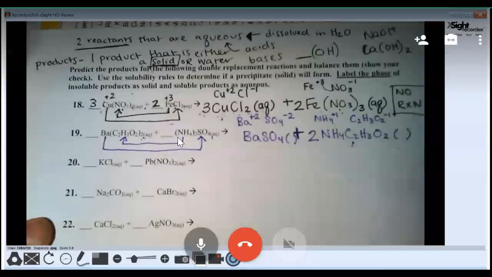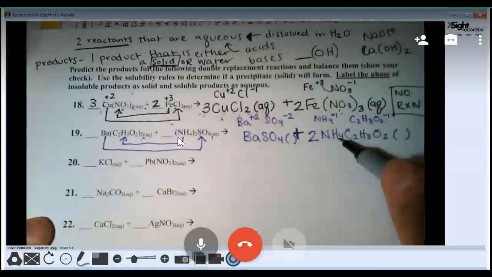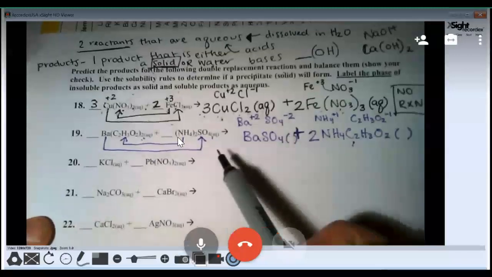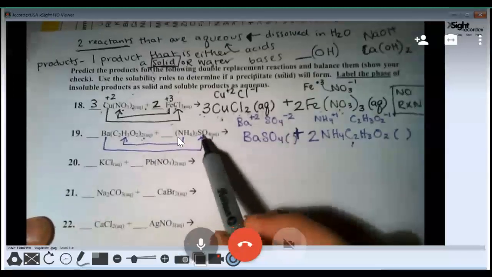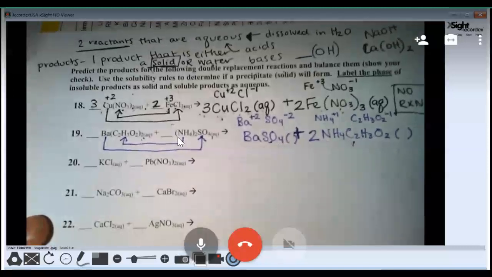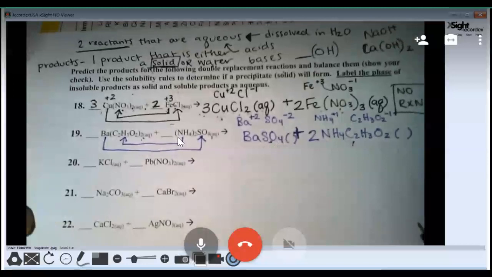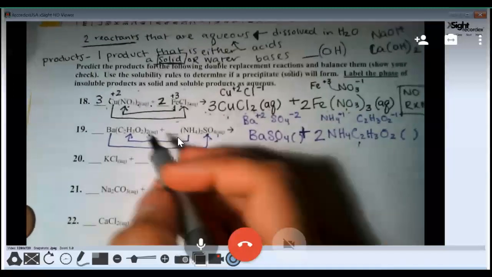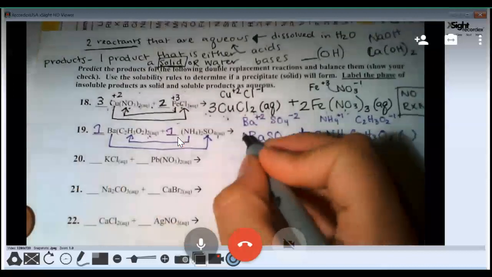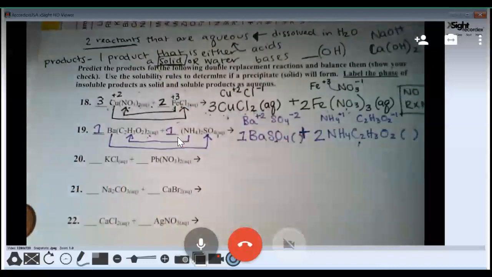Yeah, it's a complicated name. Thought I'd help you out. Okay, so now we have 2 ammoniums, and we have 2 ammoniums on the reactant side, so that matches up nicely. And we have 1 SO4 and 1 SO4. Okay, so I think we're balanced. Did anybody see anything that looks wrong? No, not at all. Alright, so I'm going to fill in some 1s. Okay, and now what do I need to do?